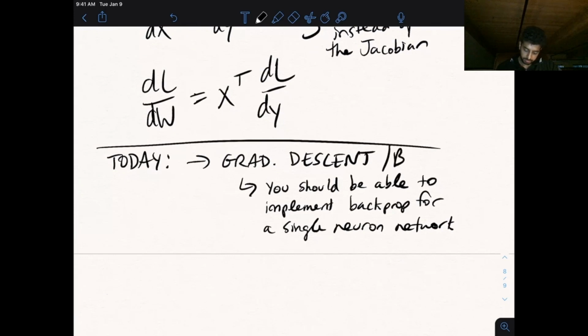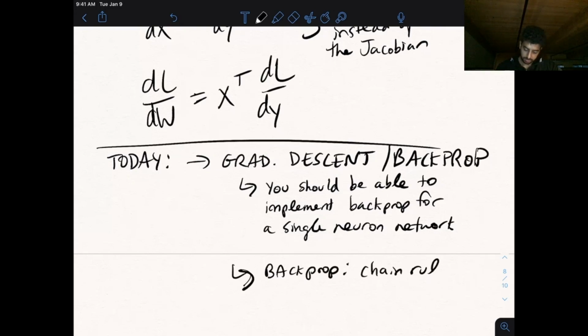So we also covered backprop, and the key takeaways of backprop are chain rule, that's a major component, and also caching these intermediate derivatives.